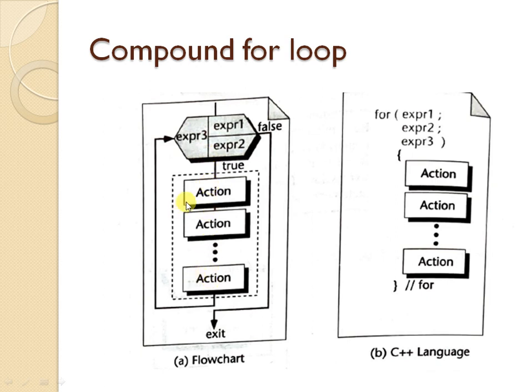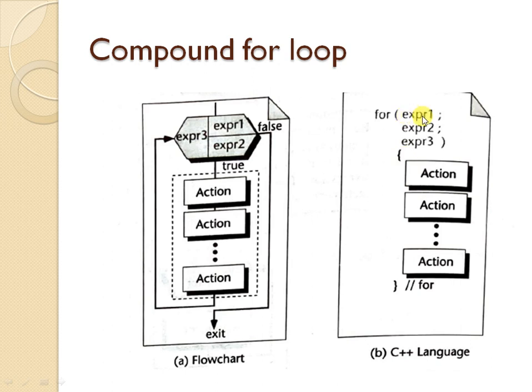Since there are multiple actions that have to be repeated, when we code this compound for loop, we mention curly braces, and within the curly braces whatever is written can be multiple statements. So all these actions form the part of the compound for loop, and all these actions are performed as the body of the for loop.